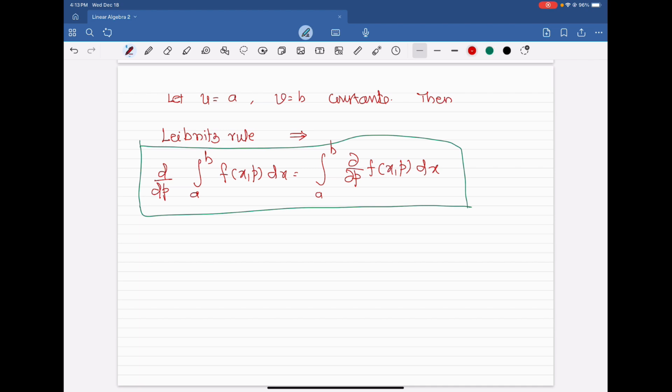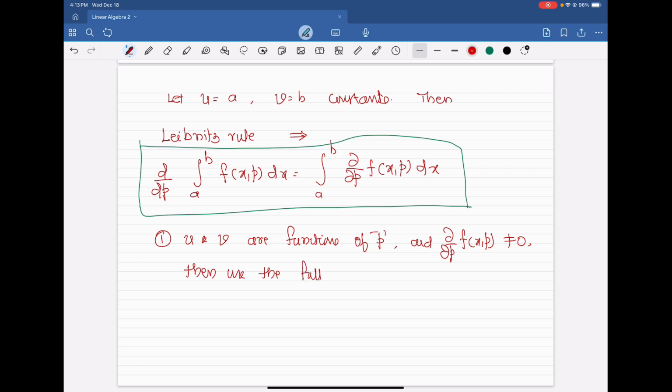The conditions are like this. 1. U and v are functions of p and dou by dou p of function xp is not equal to 0. Then use the full formula.